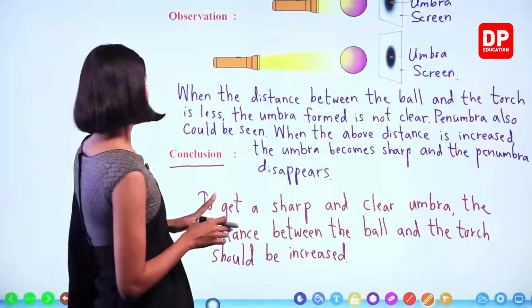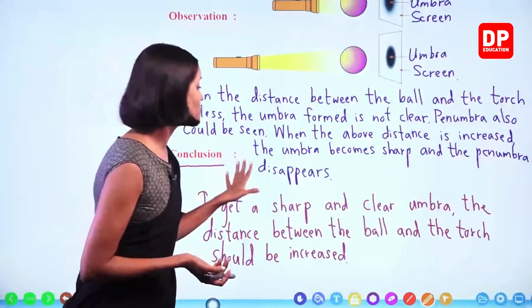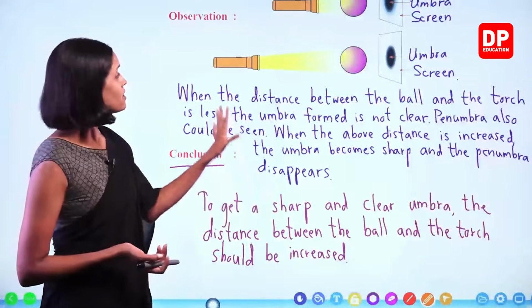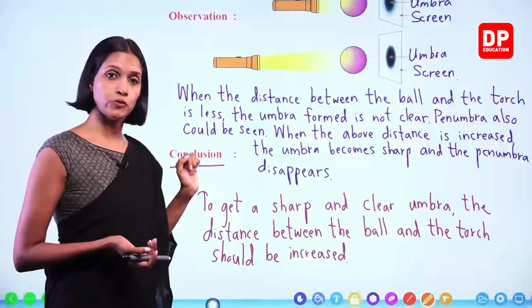Right, children? To get a sharp and clear umbra, the distance between the ball and the torch should be increased, right? Or instead, we can use a narrow source of light too.